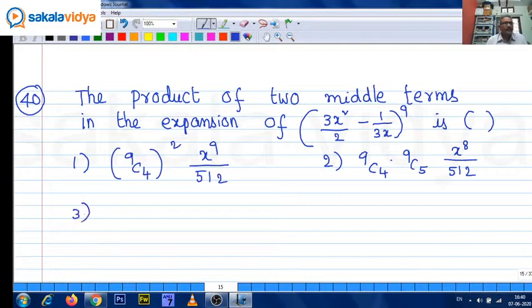Third option: 9C4 times 9C5 x^9/512, or 572. Fourth option is none.